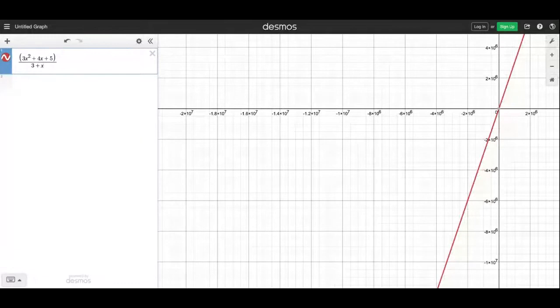So, in conclusion, if you are finding a limit as x goes to infinity, all you're going to do is look at the highest power on top and bottom.